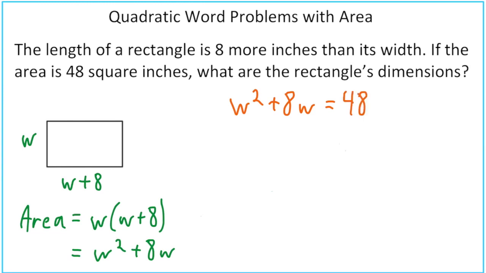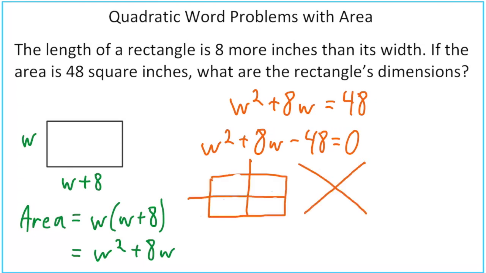Now to go about solving this, we're going to want to set one side of the equation equal to 0. So we're going to move that positive 48 to the left side, and it will become negative 48. Now, to solve this, we're going to do our diamond box. But just recently, I've decided I'm going with box diamond, and I'll show you why in a second.